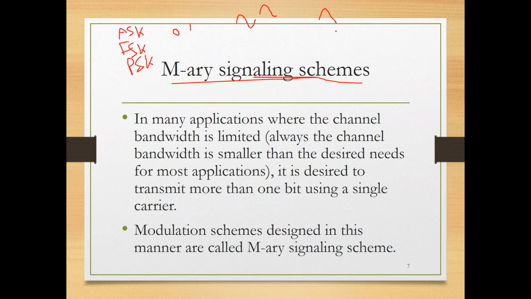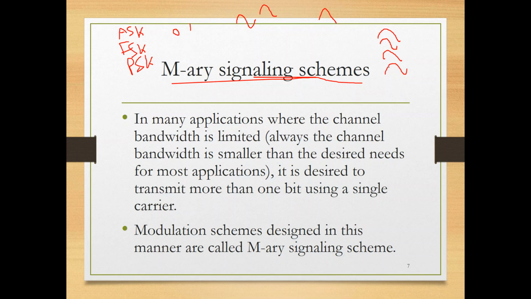What do I mean by increasing the number of levels? Basically, can't you have multiple levels so that they map to different data bits? For example, instead of having 2 amplitude levels, can't you have 4? If you have 4 levels, how many bits can each level carry at one time? log2 of 4 is 2.